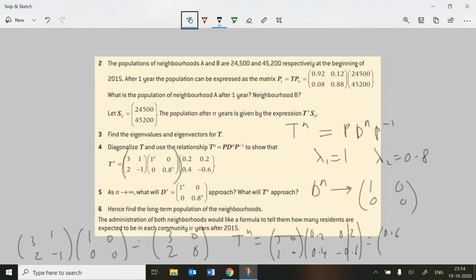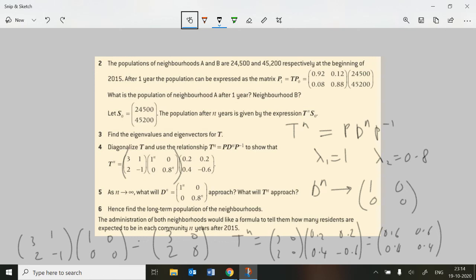And then this times this also gives us 0.6. And then this times this gives us 0.4. And this times this gives us 0.4 as well. So T to the power of n gives us this as our transition matrix raised to the power of n.